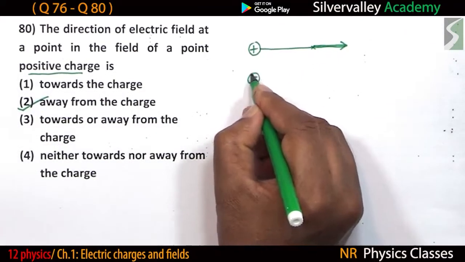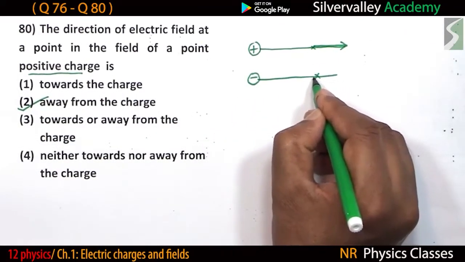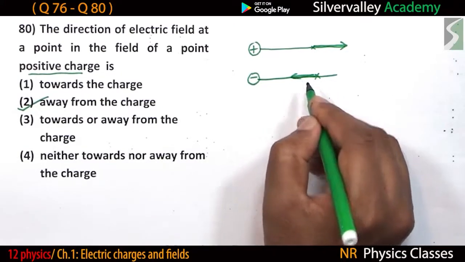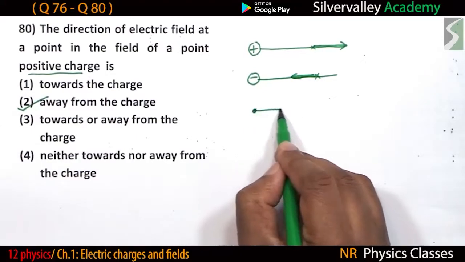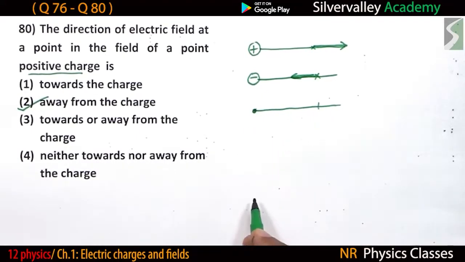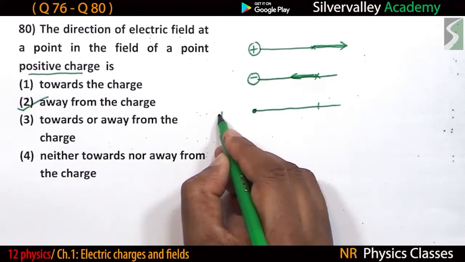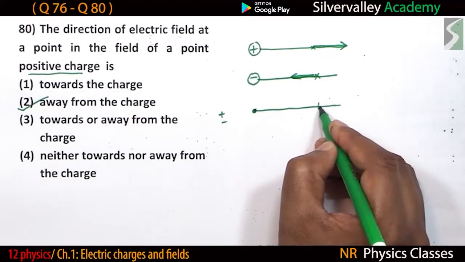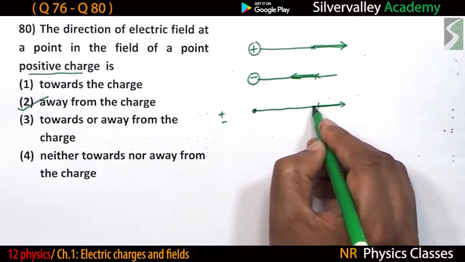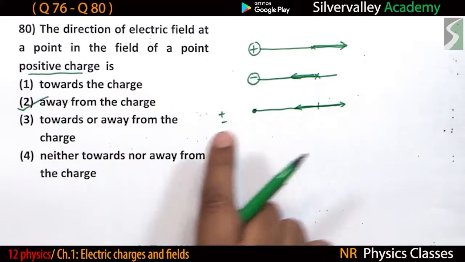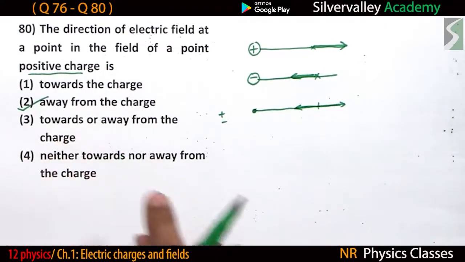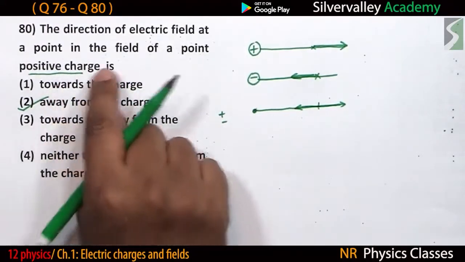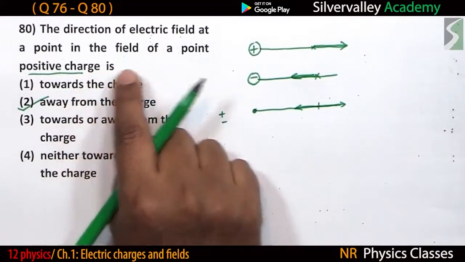If it is a negative charge, the electric field is towards. If they mention a point charge and do not mention whether it is positive or negative, it can be away or towards. That option is also there: towards or away from the charge. Since a point positive charge is mentioned, it is away.